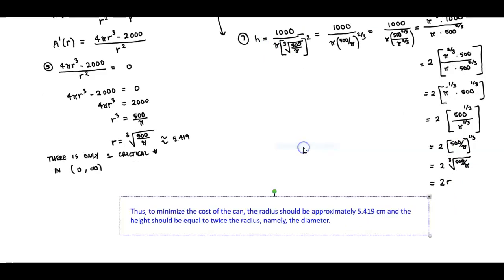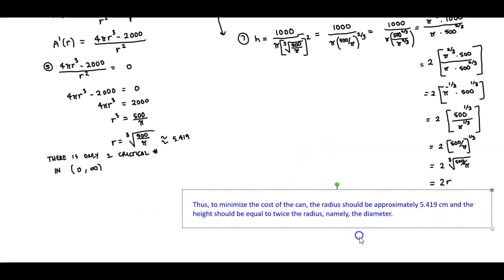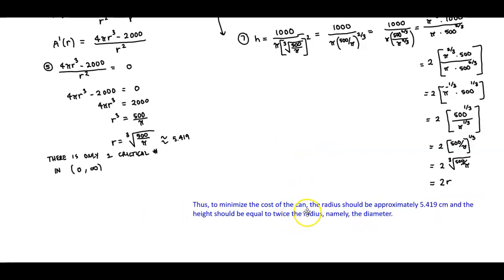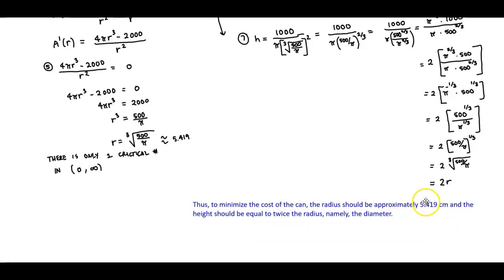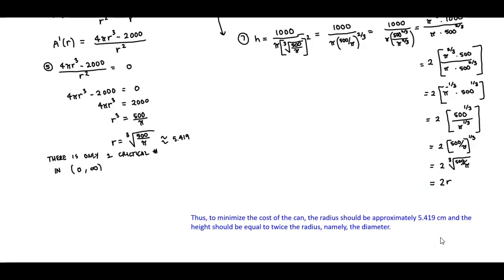Well, what does that mean? That tells us that to minimize the cost of the can, the radius should be approximately 5.419 centimeters, and the height should be twice the radius, namely the diameter. And recall that that 5.419 centimeters is the cube root of 500 over pi.